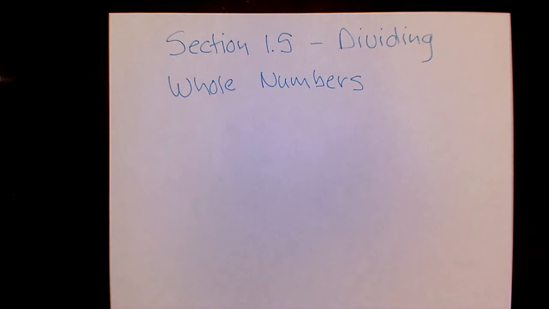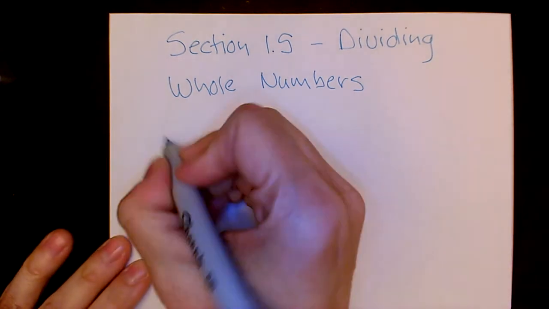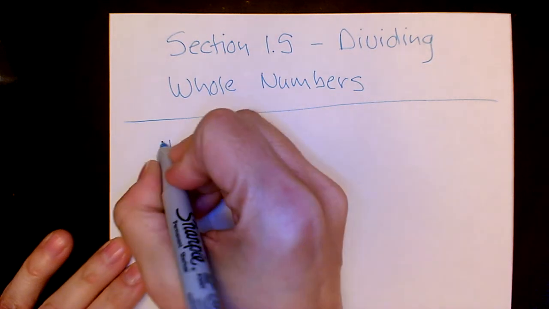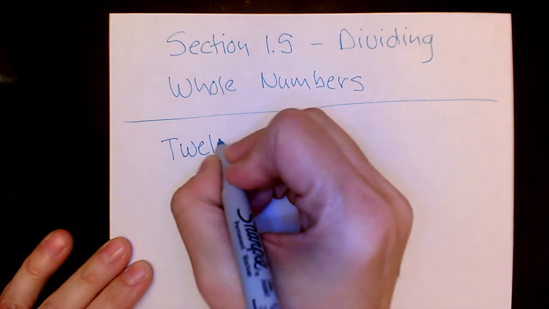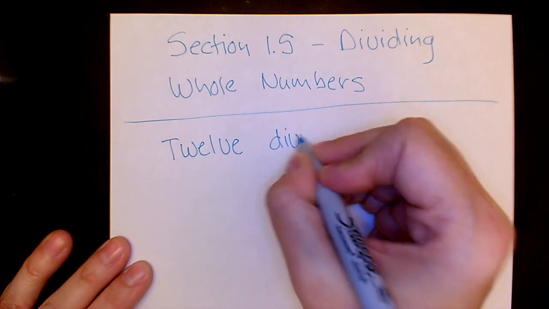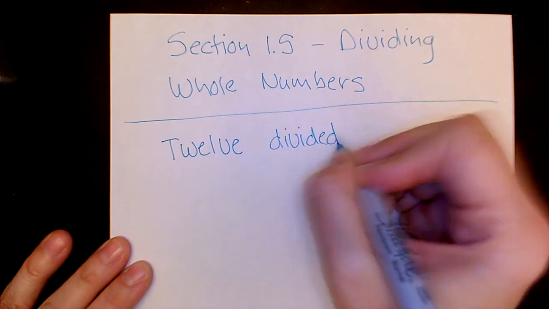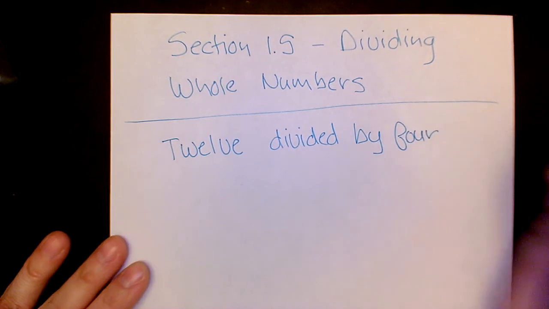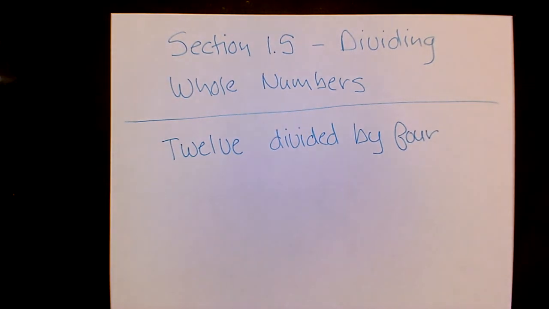And I want to start out by writing out in English 12 divided by 4. What does that mean? How can I write that?